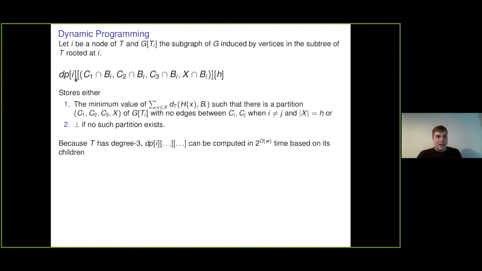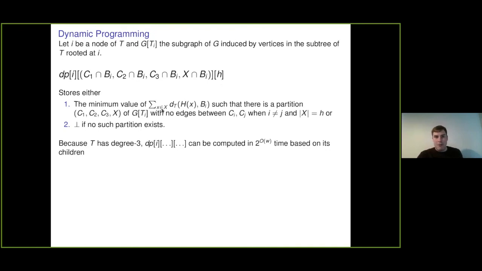Basically, the dynamic programming state at node I is, for each split restricted to the bag I, or each split of the induced subgraph below the bag I, we save this partition and the size h of the separator x, and then we optimize.